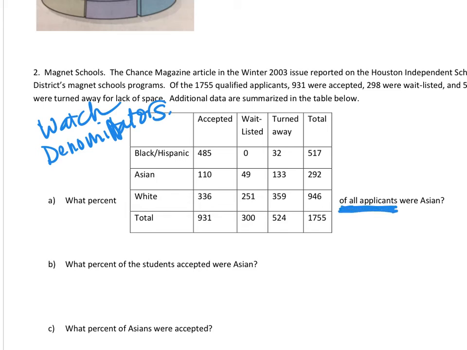Of all applicants means out of the 1,755 who were applicants, what proportion of them were Asian? So that's my 292. And then I'm going to put that into a percent. So you'll complete that.